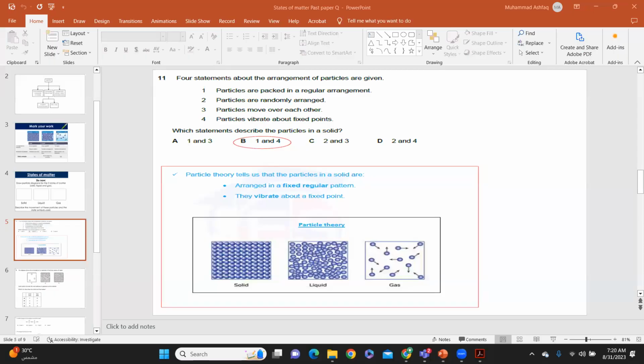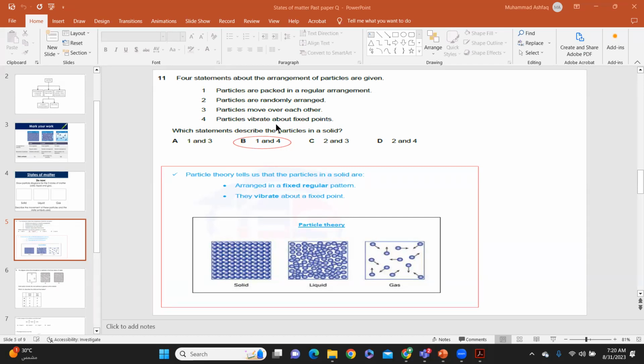Okay, guys, please focus here. Statements about the arrangement of particles are very easy to understand. Here I gave you the first question with the answer and its explanation. The first statement: particles are packed in a regular arrangement. Particles are randomly arranged. Particles move over each other.